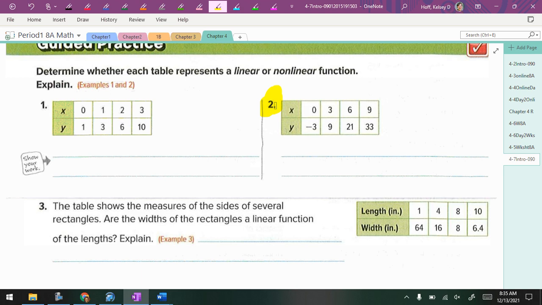You got to decide what you have to add. Remember, if you want to figure this out, subtract the front one minus the back one. 3 minus 0, 6 minus 3, 9 minus 6. Find what changes in there.